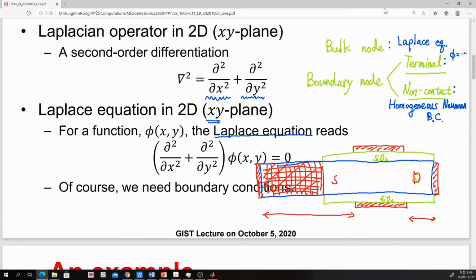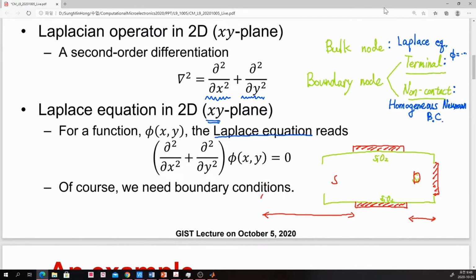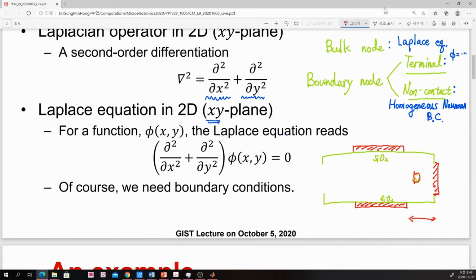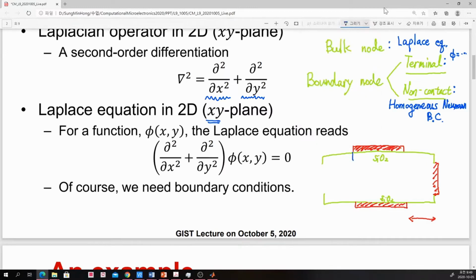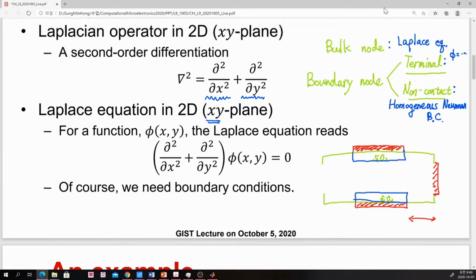So I wanted to introduce a really extreme case. Since in this MOSFET every important thing occurs beneath the gate, somebody thought, why don't you just simulate in this way? Here we have oxide, and here we have oxide, and here we have silicon.